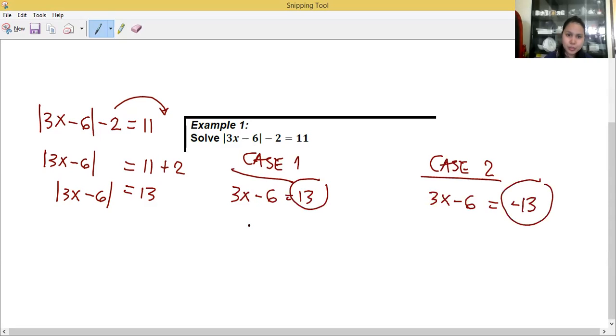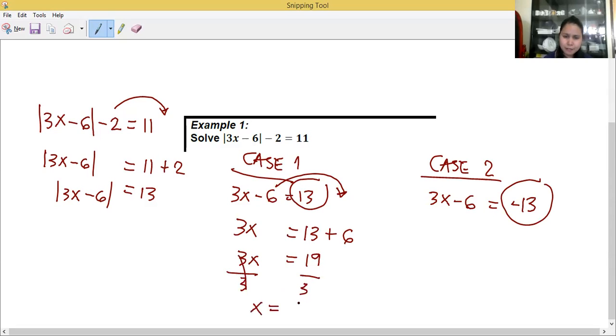So we have 3x equals, we do transposition, 13 plus 6. 3x equals 19. Divide all by 3. So x equals 6 and 1/3. Or you can just have 19 over 3.